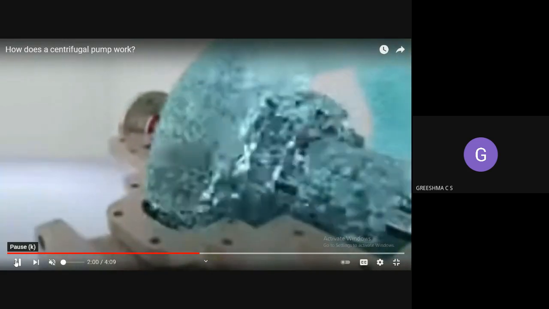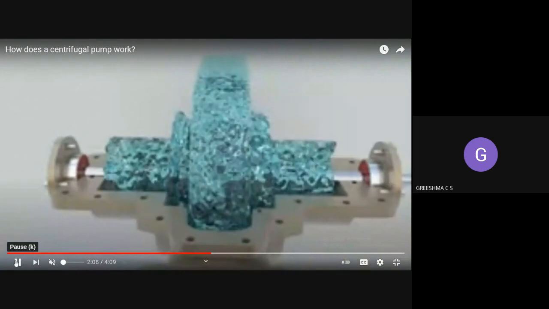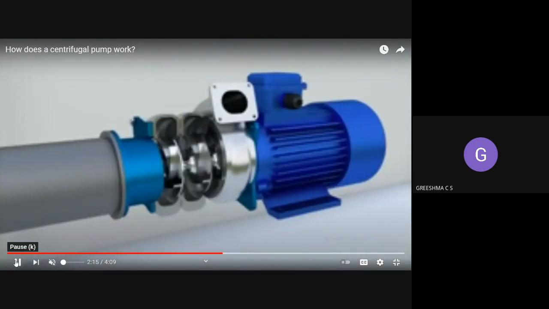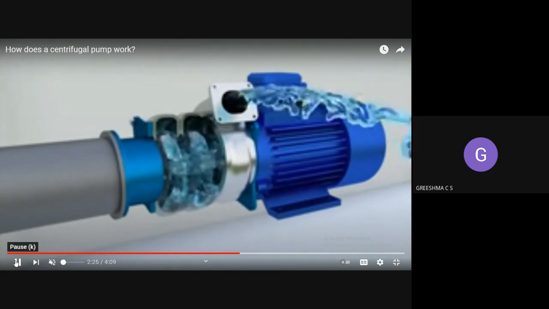The whole portion is filled with water. Can you see the suction pipe? That full chamber is filled with water. The main advantage is that the air content can be reduced. If air is there, the efficiency of the pump will decrease. So that process is called priming.